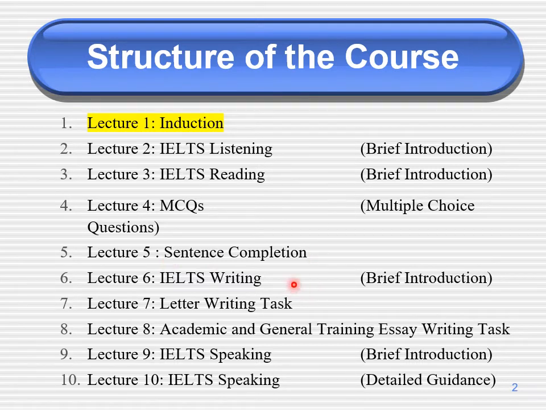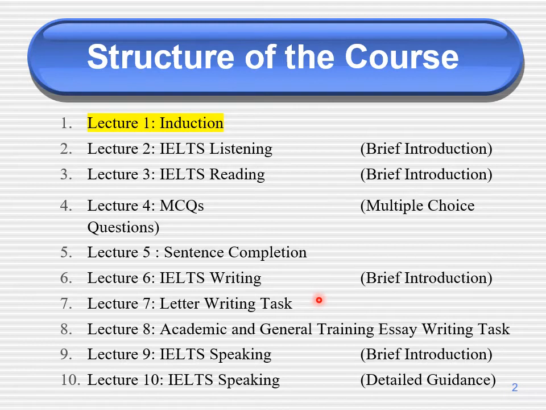Lecture 7 is about IELTS writing. Once again, it's a brief introduction, and then IELTS writing involves two types of tasks. One is task 1 and one is task 2. Both academic and general have task 1 and 2.